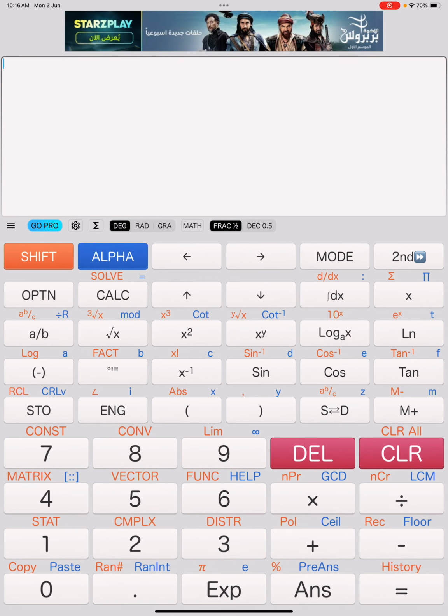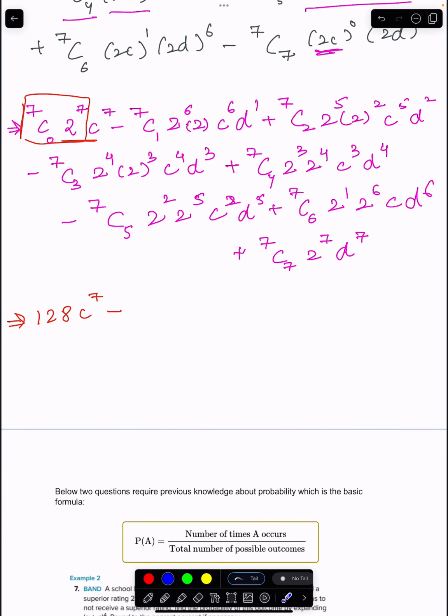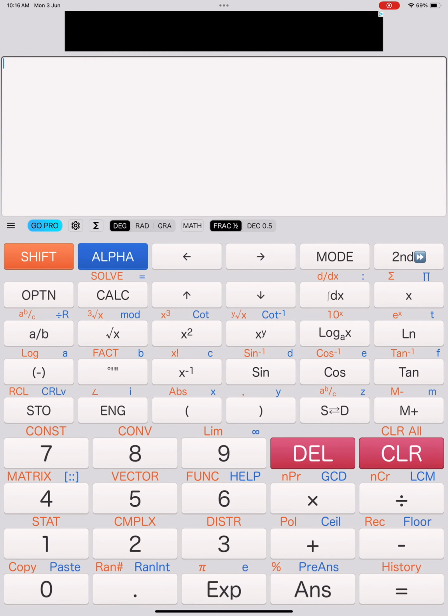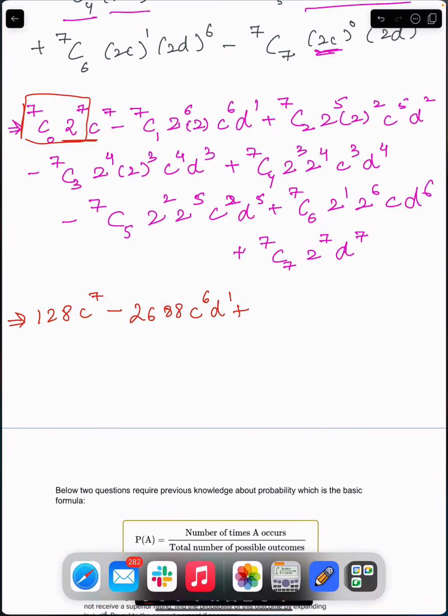So 7C2, multiply 128, 2688, minus 2688. Don't forget the variable part. Plus 7C2, okay, no, 7C2 done, 7C3, 7C1. Maybe I put a wrong one in the first one.